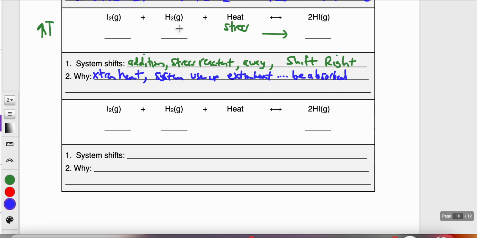So the way it uses it is that the reactants, same side as the stress, so our forward reaction is favored, meaning that the reactants are going to react to make more of the products. So in the reaction of I2 and H2, in this forward reaction, the reactants absorb the extra heat to make the product.